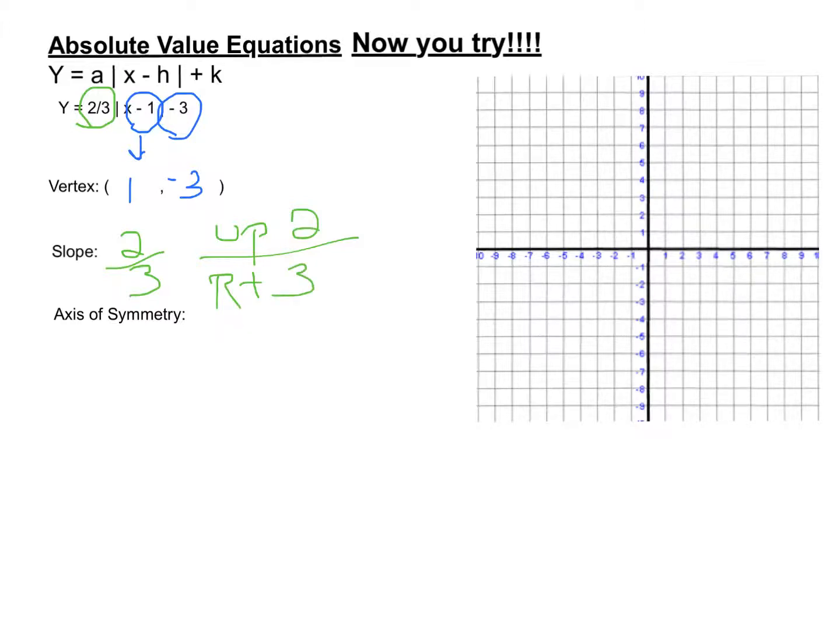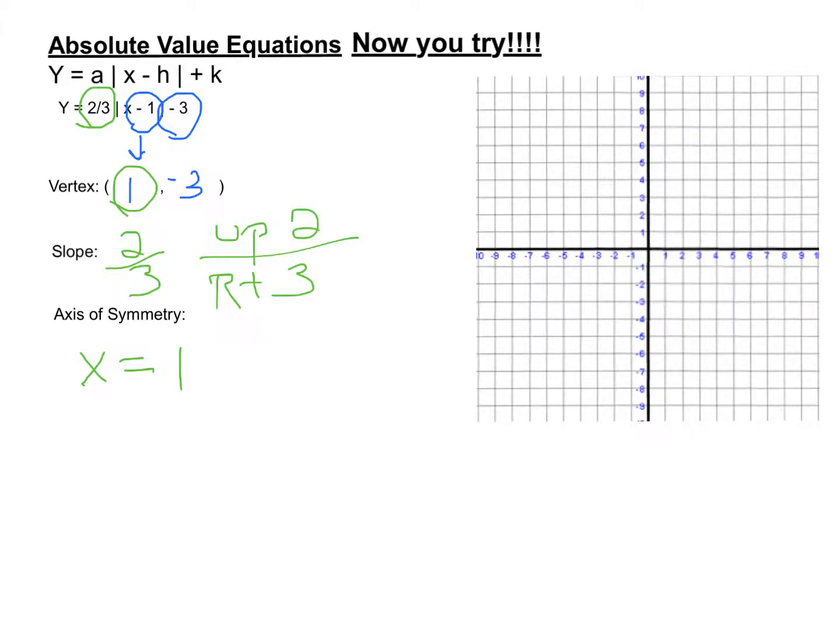Now, when you're doing this and you don't have the steps, remember the axis of symmetry: x equals, and it's going to be the x coordinate of the vertex. This is our dotted line, our mirror line. So x is 1. So we have everything we need. Let's go over to our graph.